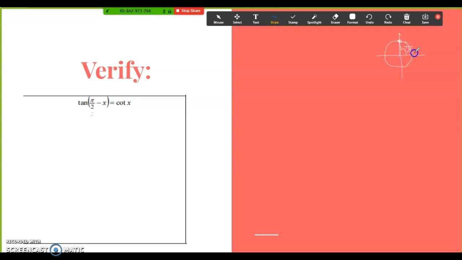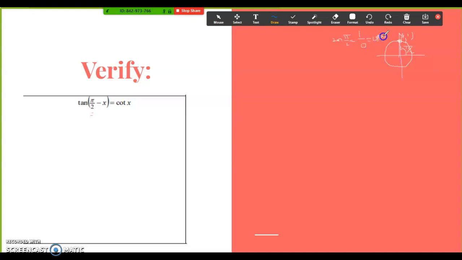So its cosine value is 0, its sine value is 1. If we talk about the tangent of pi over 2, I'm putting the sine value, 1, over the cosine value, 0, so we know it's undefined.